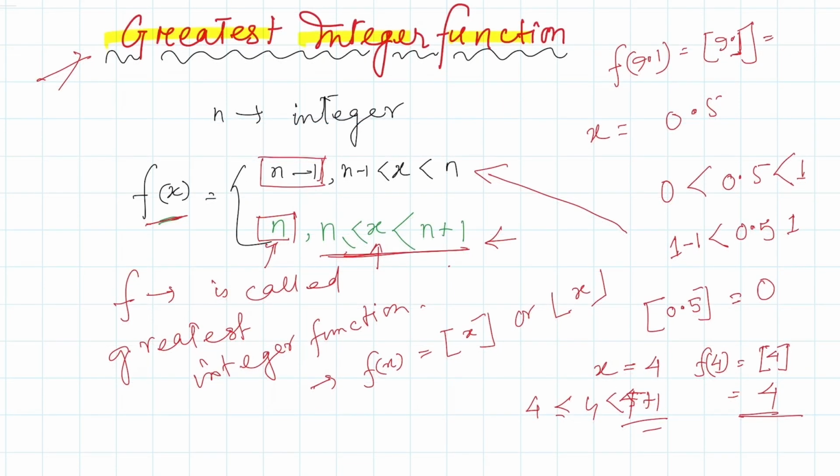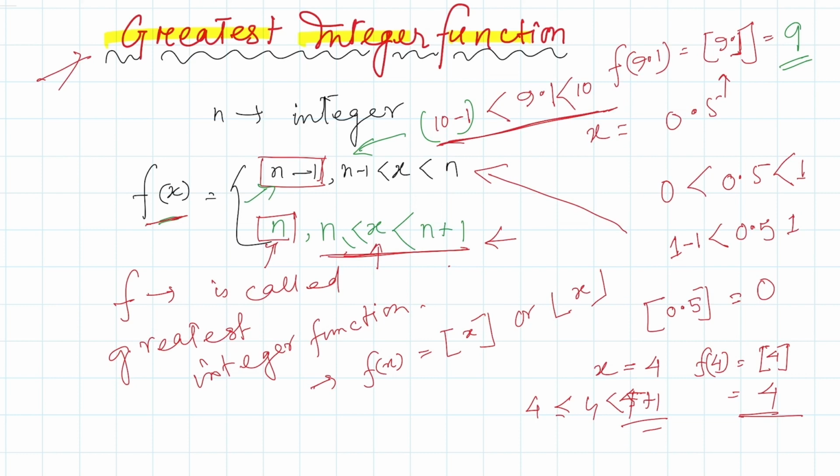You see, 9.1 is greater than 10 minus 1 and less than 10. Greater than 10 minus 1, that is 9, and less than 10. Then according to the definition of this function, its value must be equal to n minus 1, that is equal to 9. So that is the greatest integer function.